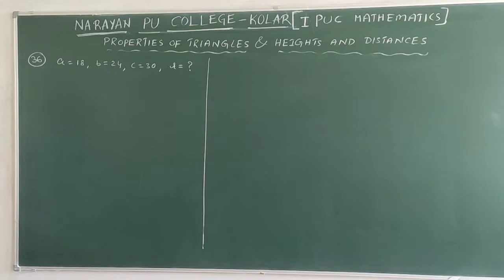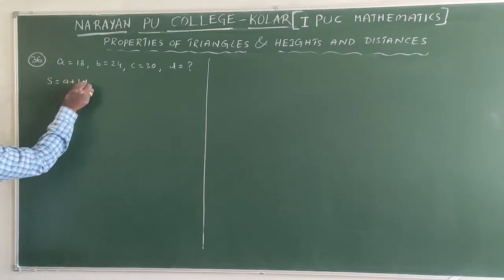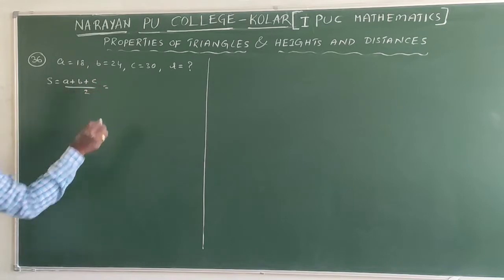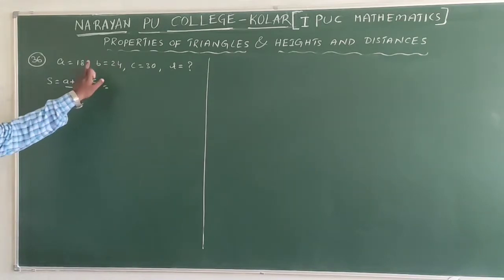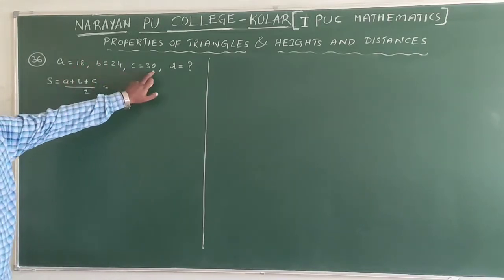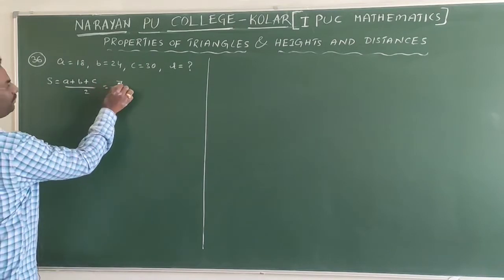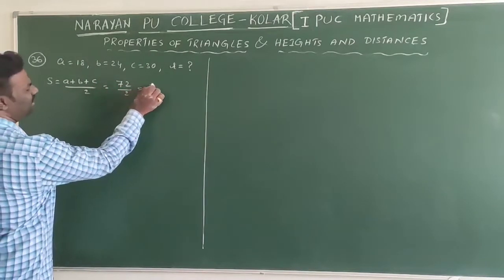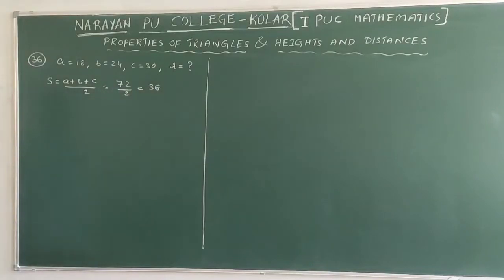First, find S. A plus B plus C by 2. Add 18, 24, 30: 42, 72, by 2. That is nothing but 36. Already we know, if you want r, delta equals r s formula, r can be written as delta by s.